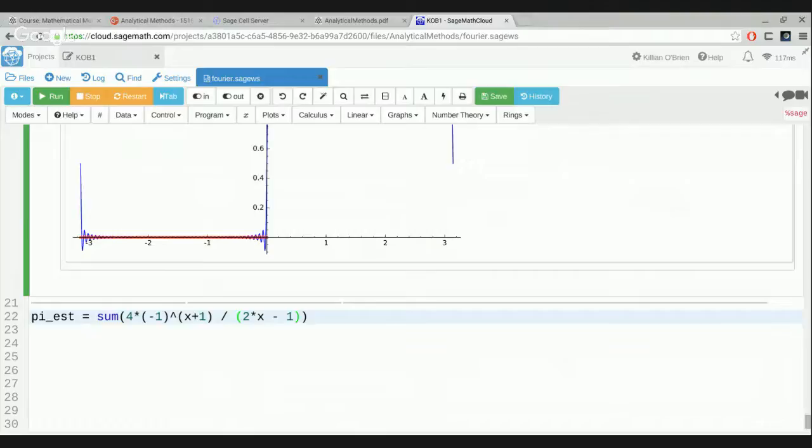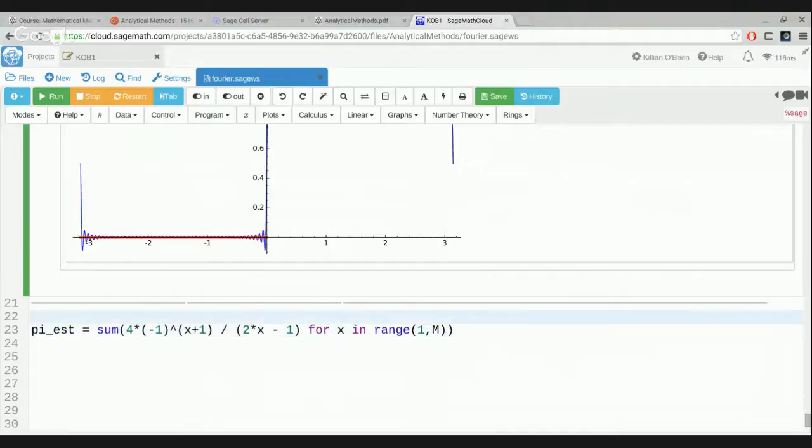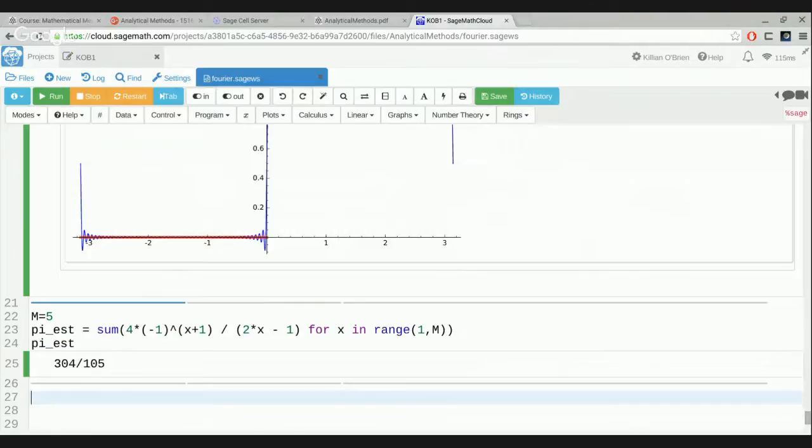The sum of that for x in the range beginning at 1 and ending at some upper limit m. I better set m equal to something. So let's say m equals 5. So we'll get a fractional form and the number form.